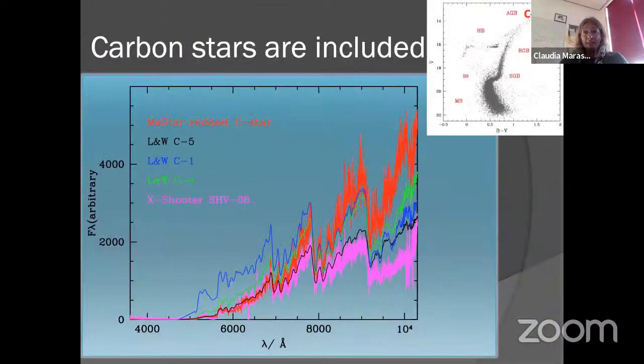The other peculiar spectra that we have are carbon stars. Carbon stars are a species developing during the thermal pulsing on the asymptotic giant branch, so shortly before the star will get rid of the envelope and evolve as a white dwarf. But as you see from this miniature diagram that I put here, carbon stars are effectively super luminous.